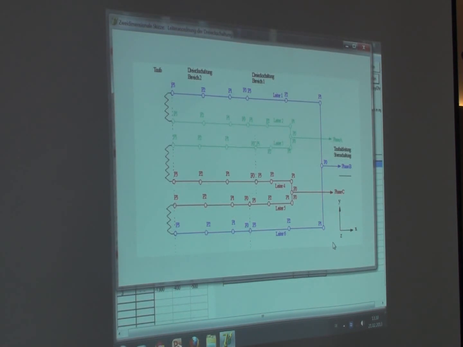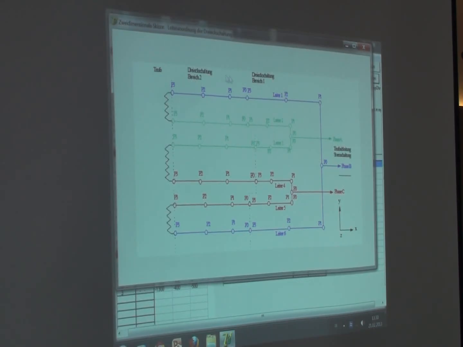The delta connection conductors: sometimes you use different kinds of conductors in the delta connection, and this is area 1 and area 2.